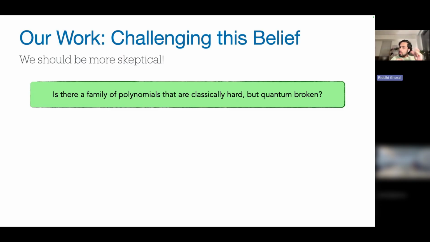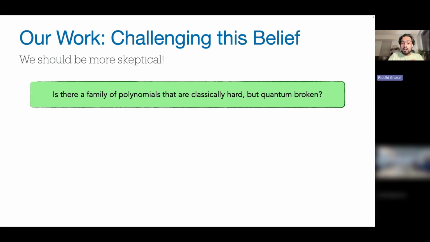Is there such a gap for any family of polynomials? Before our work, we did not know of any family of polynomials where such a gap existed. Either we have polynomial systems that are completely secure all the way through, or there are polynomial families that have been shown to be classically broken. There was nothing that was classically secure but quantum broken, right?